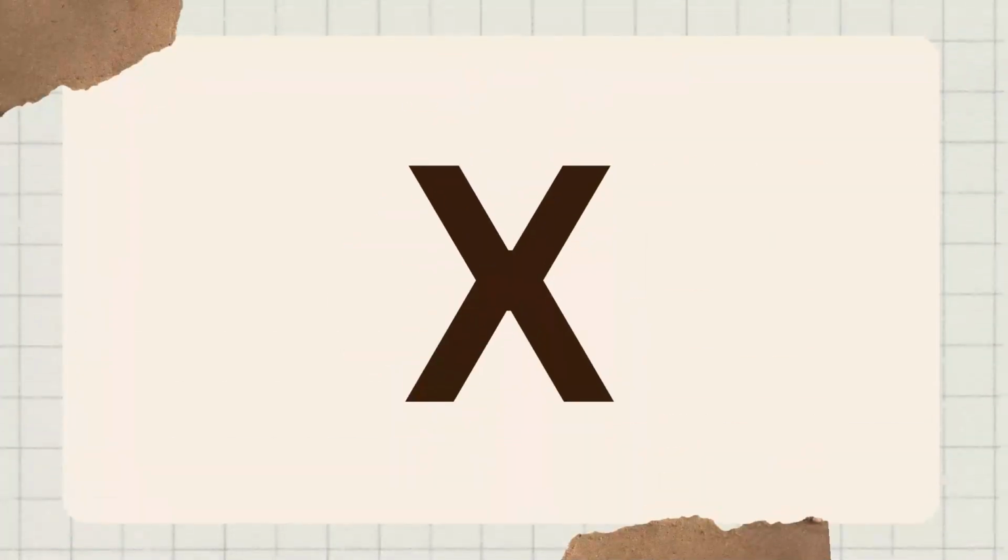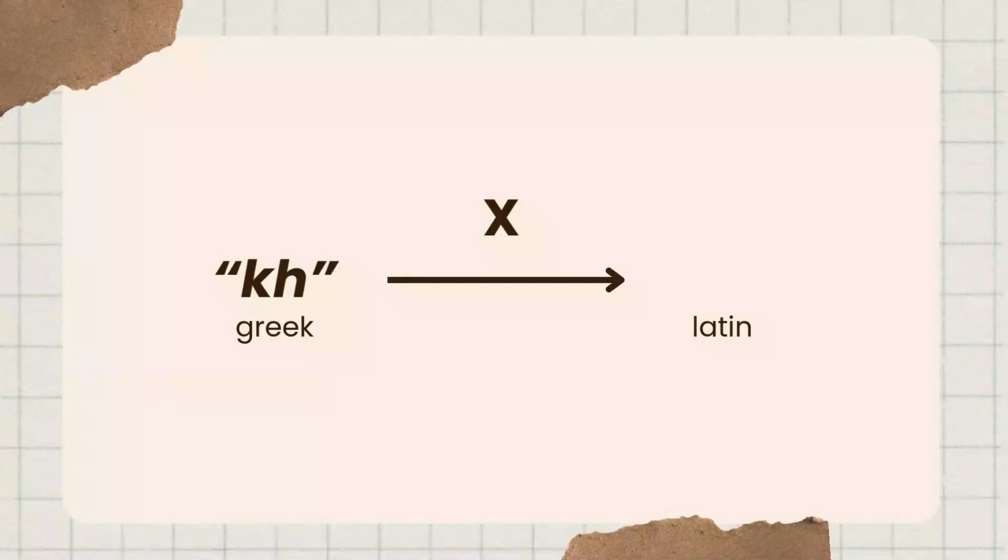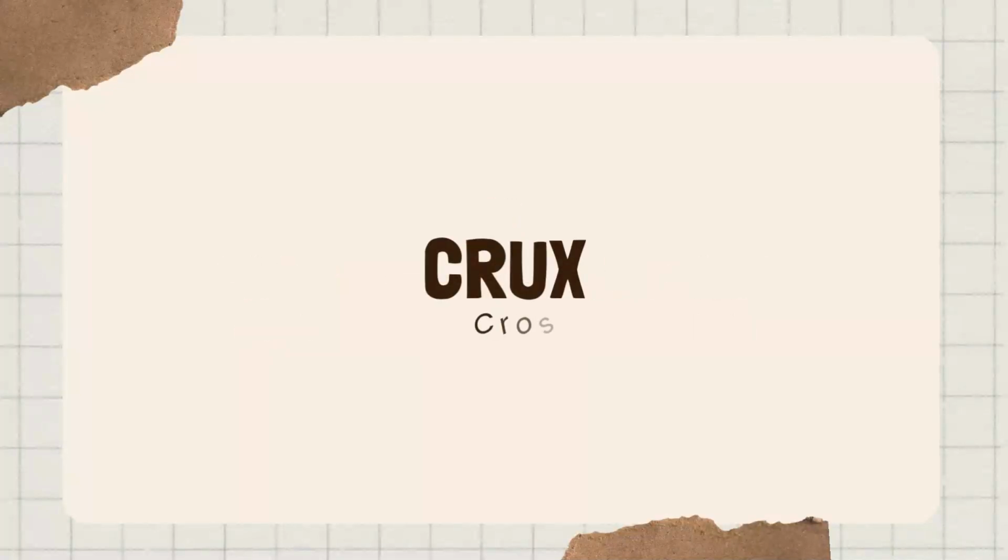As X passed from the Greek to the Latin alphabet, it underwent a phonetic change. In Greek, it represents the k sound, whereas in Latin, it became the x sound. If in Greek it can be linked to words meaning in the shape of a cross, as we've just seen, it also appears in Latin at the end of the word crux, which means cross.